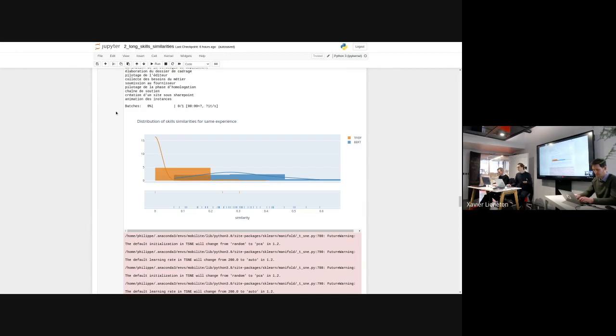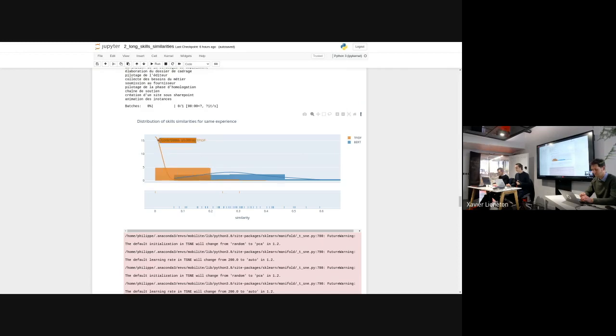It's as simple as counting the occurrences of a specific skill for a job. You don't have to use this big neural network. You get results that are not amazing, but you still have some similarity. If you plot the distribution of similarities across the whole data set, you can see they have a completely different shape.